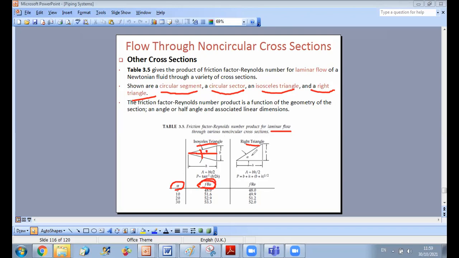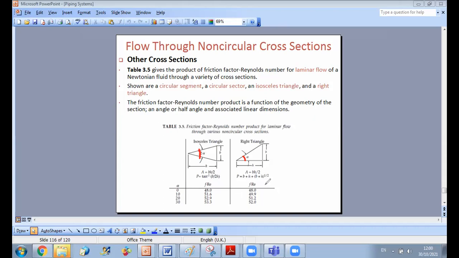For the right triangle, they give this angle. The angle alpha represents one of these two angles, which are complementary. If they give you, say, 40, you take the smaller angle, because you have two angles, alpha and beta, and you take the smaller one. The smaller angle alpha is the characteristic one that lets you know what f times Re is. So if you have any isosceles or right triangle, you just need to know this angle. In the isosceles triangle you need to know this angle and divide it by 2. In the right triangle, you take the smaller angle between the two complementary angles. This will allow you to determine directly what f times Reynolds is.